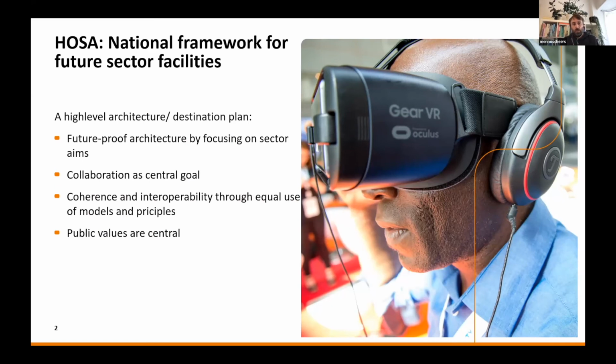And HOSA is the national framework for the future sector facilities for research and education. And HOSA is not a technical architecture, but more a high-level conceptual architecture, or a destination plan for research and education. And both architectures for research and education were ready in 2021.